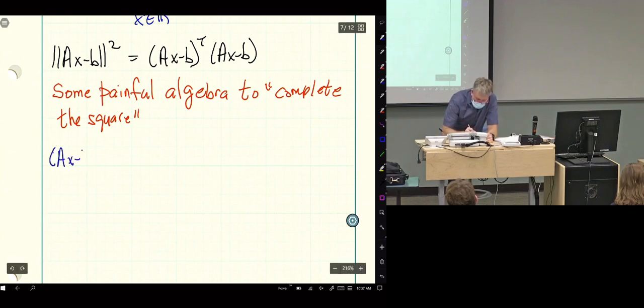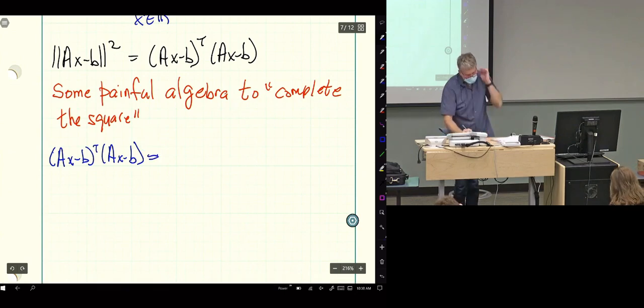We take Ax minus b transpose times Ax minus b. Whoops, no transpose there. Slow me down.